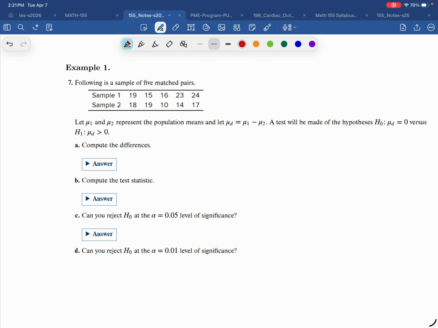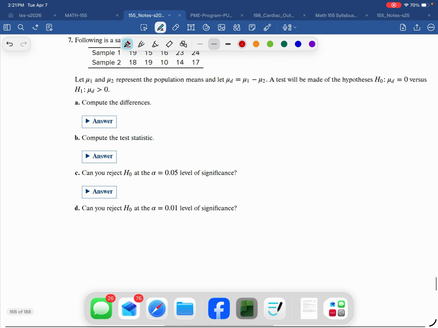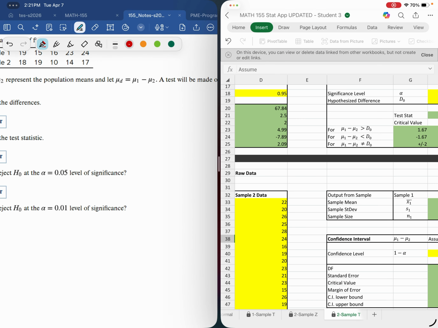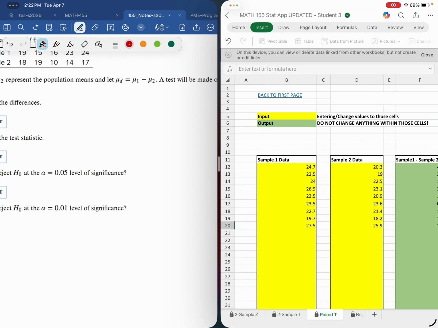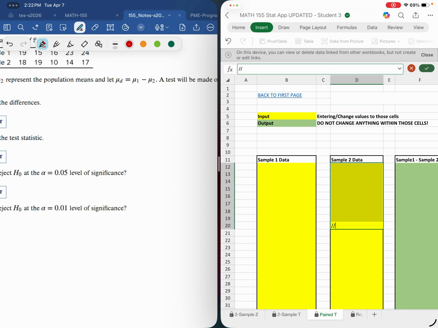So let's consider a couple of examples. If we go into Excel, we can actually go to paired T over here. Right, and I think we can just go ahead and enter this in.